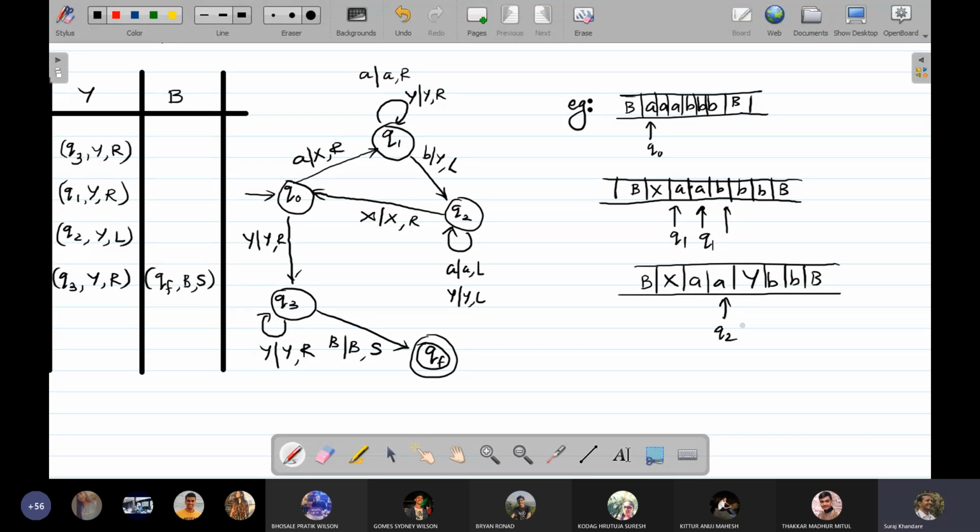Now Q2 is for coming back. It will come back till here. And when it goes to the right, when it finds X, it changes the state. And then we have to show that also, that we are in Q0 here.